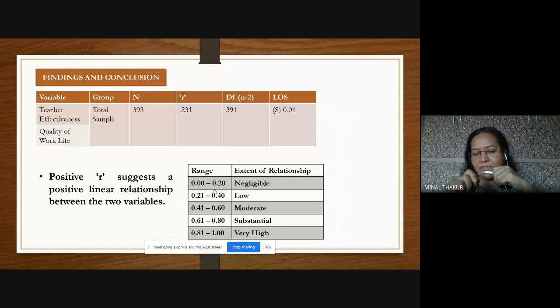Even if you score 1 mark in your test, it means that you have attempted the test, so it shows some kind of apparent relationship. Whereas for me, the relationship is low. So 0.231 is a low relationship and it is judged on the level of significance.